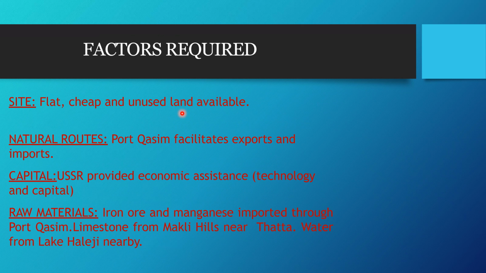The land was flat and cheap as well. Moreover, the port was nearby, so it meant that the raw materials which were to be imported could have been easily imported, and the products of iron and steel which have been manufactured, if they were required to be exported, could have been easily exported as well.